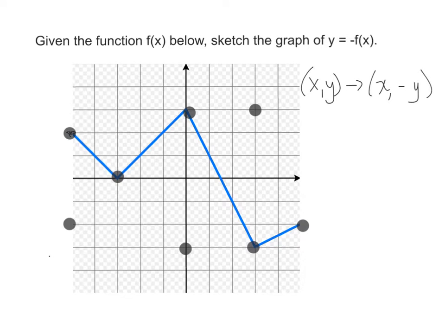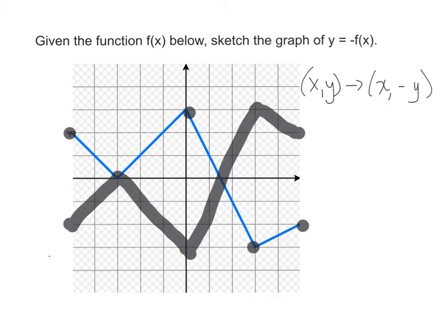And this last one, 5, -2, goes to 5, 2. So if I join those together, there's the reflection in the x-axis. You flip it across the x-axis.